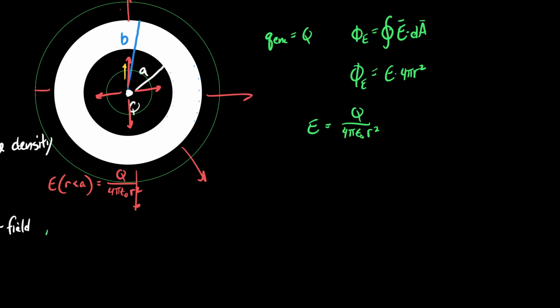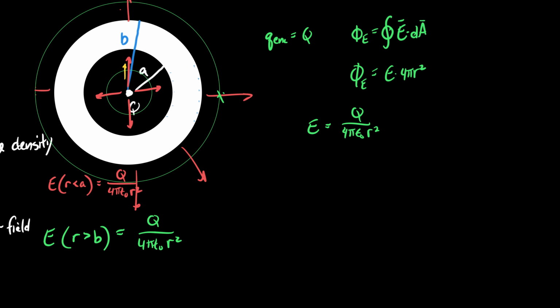Now this is for the electric field for r greater than b. Can you use a conductor to change the strength of an electric field over distance? No, because it's still over the distance squared, and we're out here now, so it's almost as though the conductor doesn't exist. It's invisible.